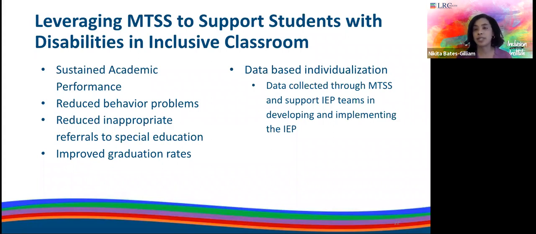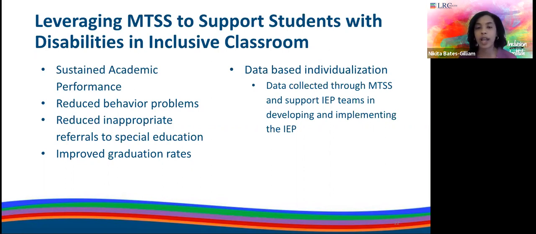And again, the specificity of the students and the supports that they need is being met. So in essence, there is a reduction of the inappropriate referrals to special education. Another positive to this merge of special education and students who are in inclusive classrooms is that graduation rates are improved and higher due to MTSS being so implemental.